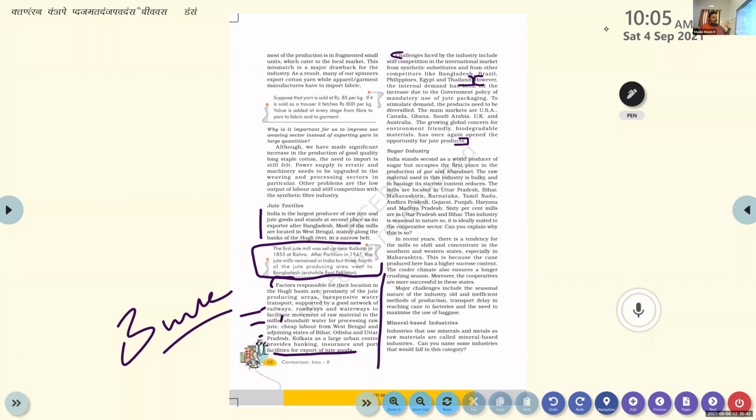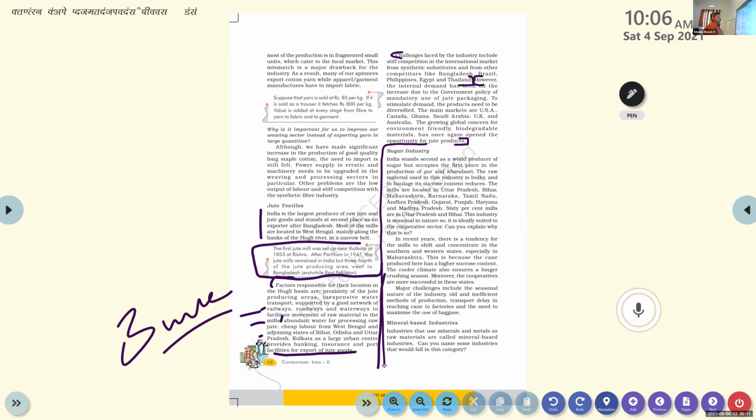Okay, clear or not? So I already told you that altogether it's a 5-mark question, and three questions are here. One is factors responsible for the concentration of jute textile industry in the Hooghly Basin, the challenges faced by the jute industry, and finally the steps taken by the government to improve the jute textile industry in India. Okay, clear? So moving forward to the next topic, it is the sugar industry.